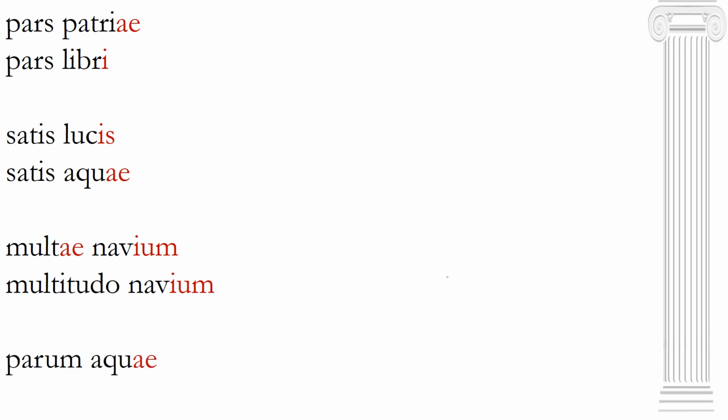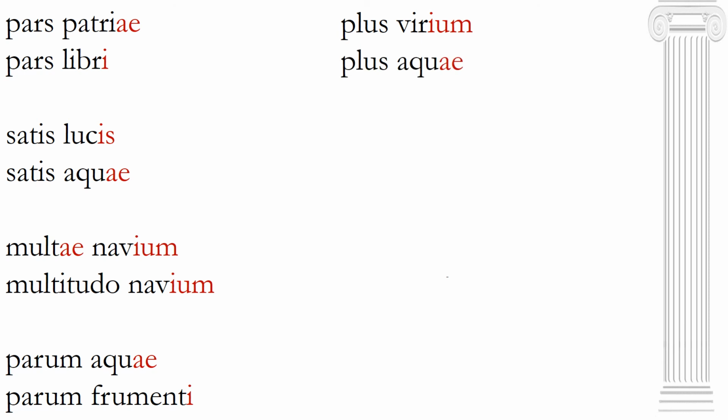Parum aquae, part of the water, or not enough water actually. Parum frumenti, not enough grain. Plus virium, more men. Plus aquae, more water, or more of the water. Plus auxilii, more help.